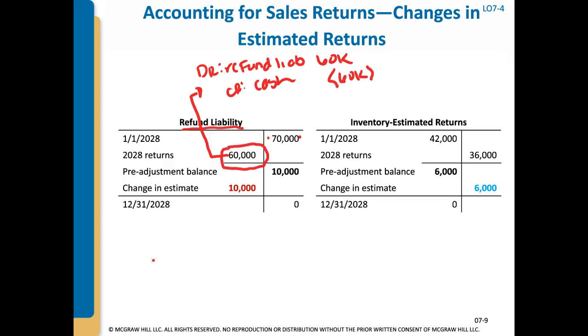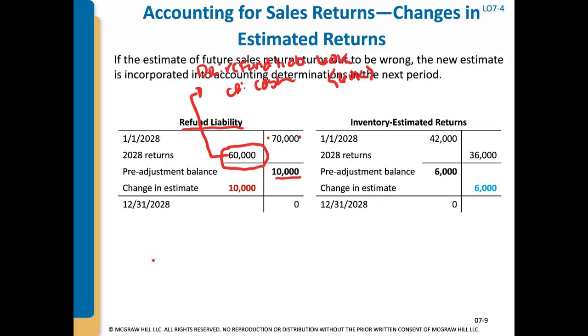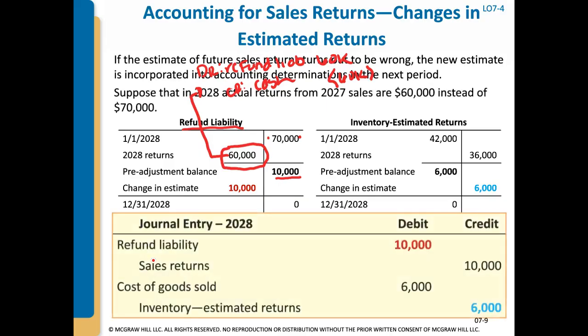And so when we do our T account for the refund liability, we still have a remaining $10,000 in our refund liability account. And we have to write that off because that amount does not belong on our balance sheet, because we don't owe any more money for these returns from this sales batch, if you will. So we have to reduce our refund liability by $10,000.